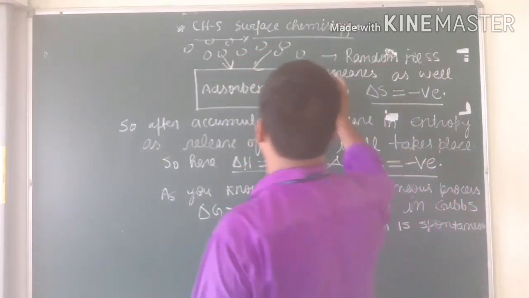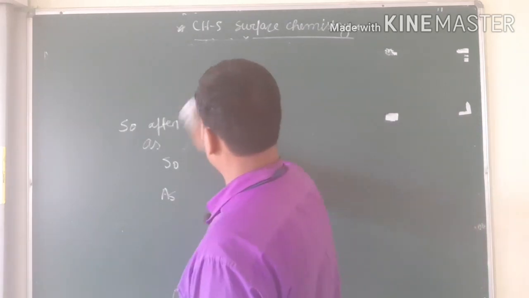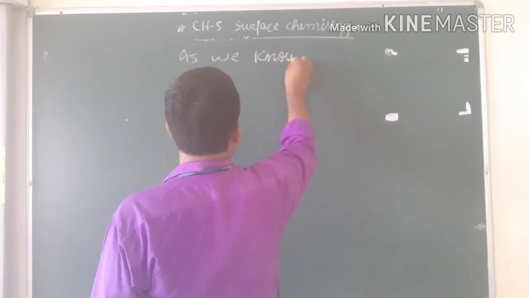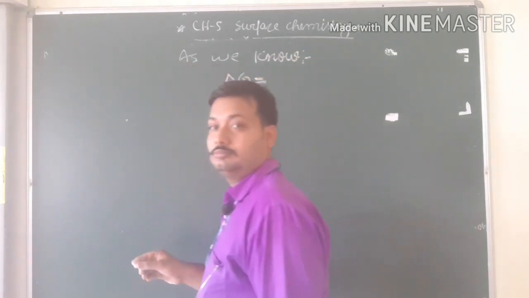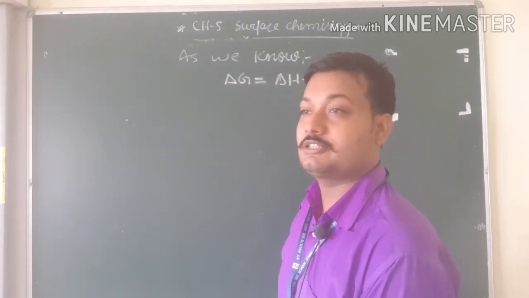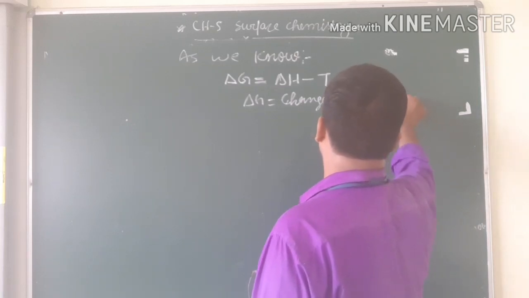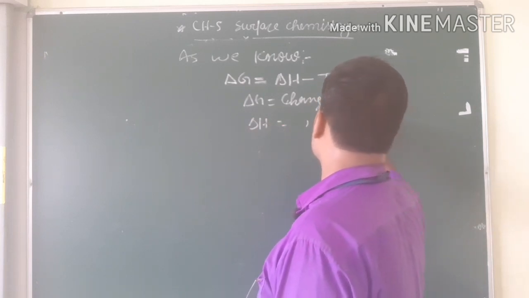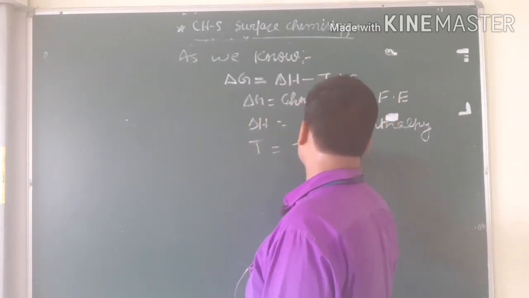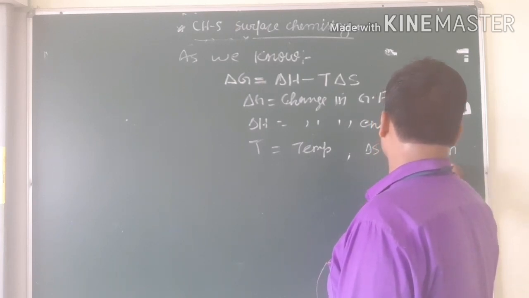Okay, now as we know, delta G is equal to delta H minus T delta S. Delta G is the change in Gibbs energy, delta H is the change in enthalpy, T is the temperature, and delta S is the change in entropy.